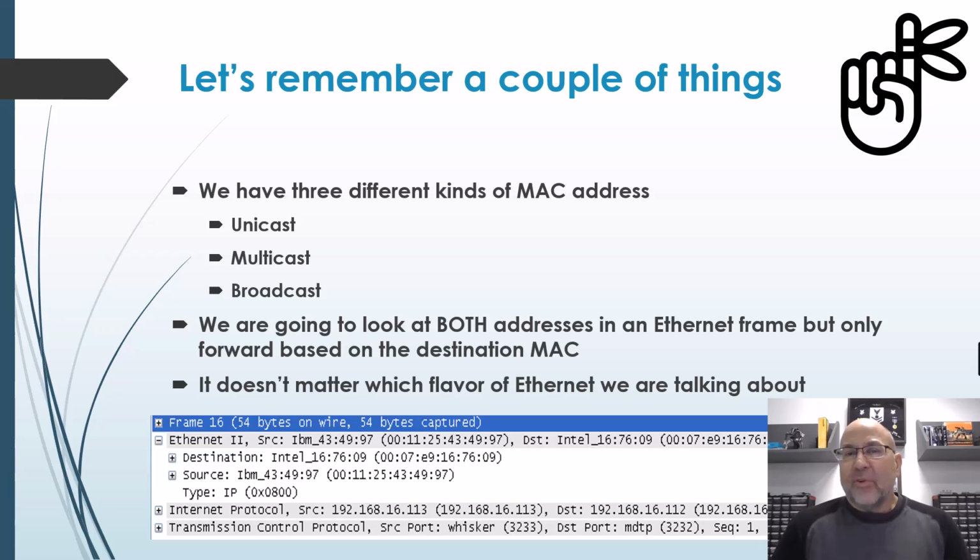So first up, we have to remember that there are 3 different kinds of MAC address. We have unicast MAC addresses, multicast MAC addresses, and then broadcast MAC addresses. Now, I want to make it really clear: we are talking about destination MAC addresses. So when a switch gets a frame, it looks at both MAC addresses, and it says, all right, let me look at your source MAC. Do I already know you?